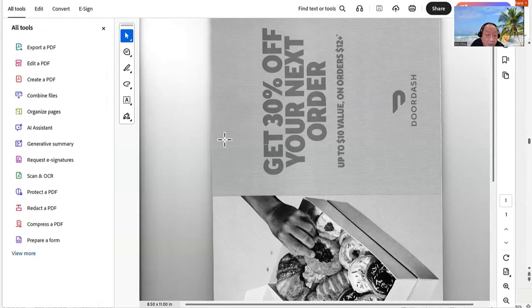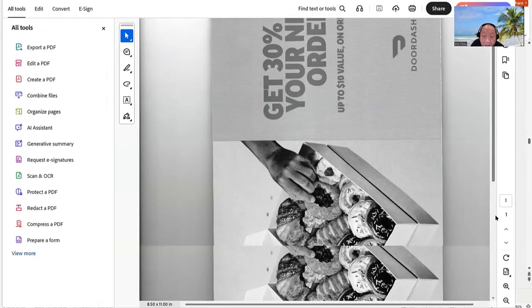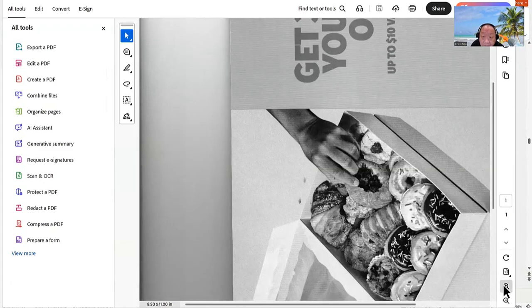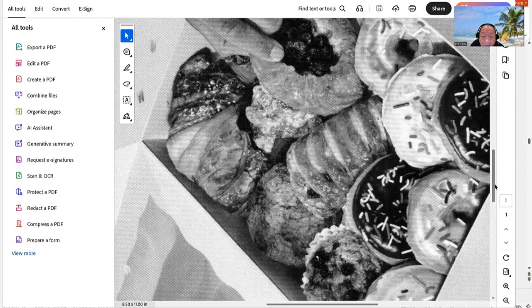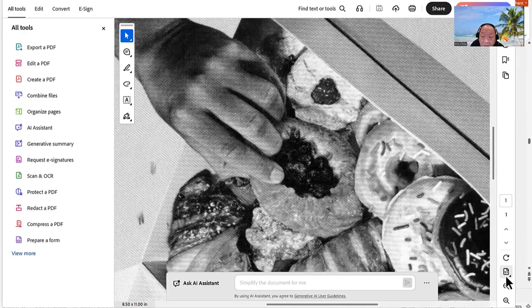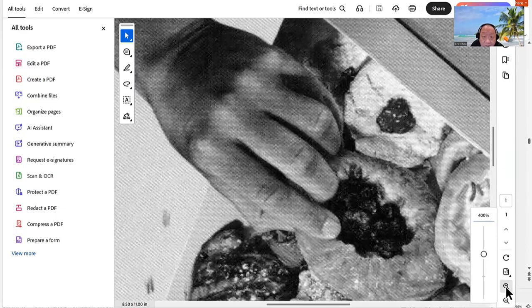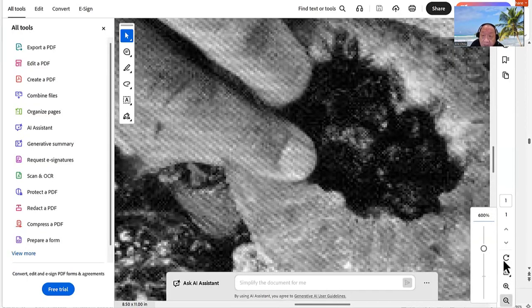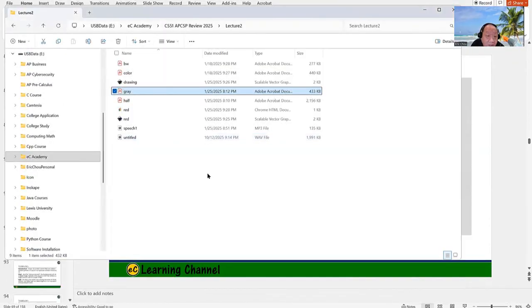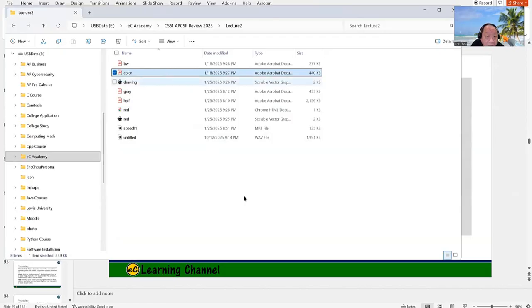There's only one color, but it's better than the halftone. If you look at it, it's a little bit finer. You can see what it is. It's a donut box, right? Is that okay? Let's look at the last one. Color uses 3 colors: red, green, blue.